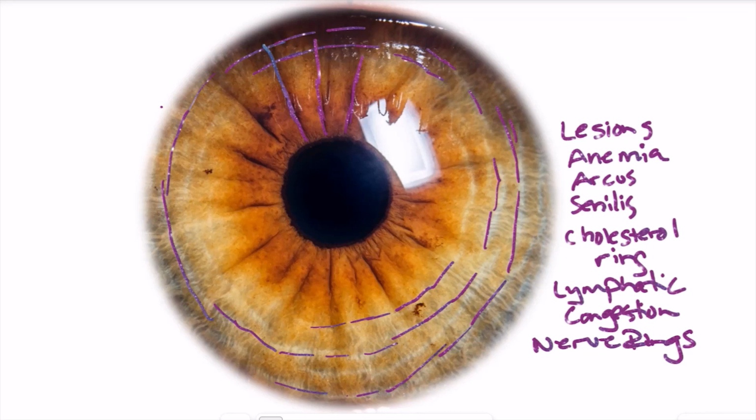This eye has a lot to look at. We're also going to be looking at deformations in the autonomic nerve ring pulling toward or away from the brain area. I'm not seeing the autonomic nerve wreath in this eye.